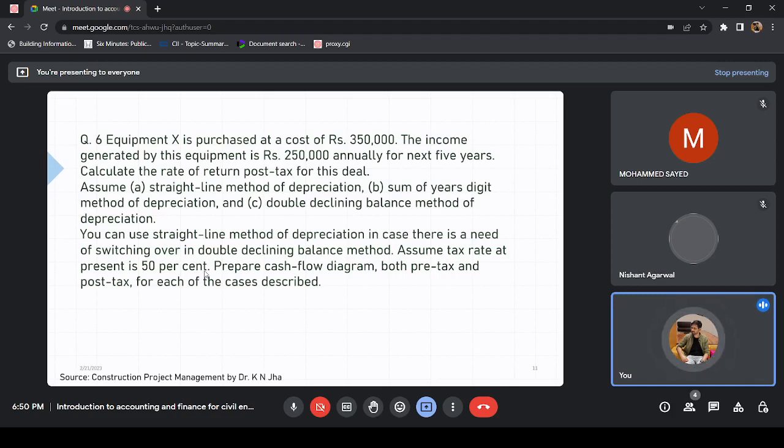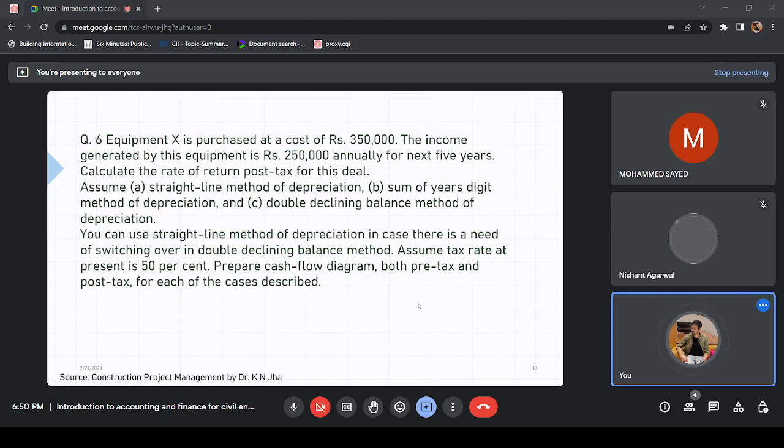So we already discussed how to make cash flows, right? Why do we make cash flows? Anybody? Or why do we make cash flow diagrams? Guys, you will have to answer something.